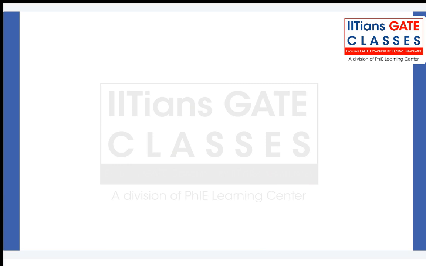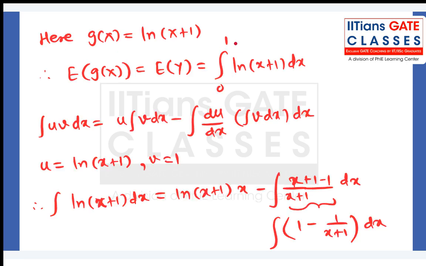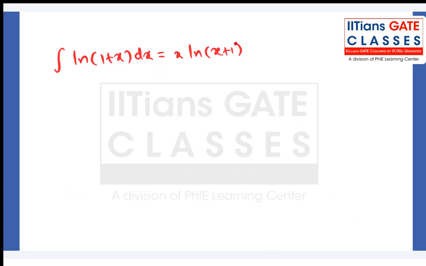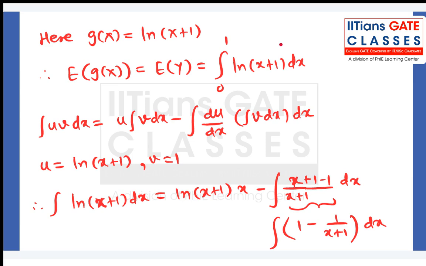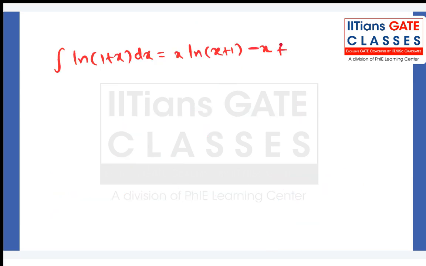So therefore, integration of ln 1 plus x dx is nothing but x ln 1 plus x, or x plus 1 first term, minus integration of dx will be x, so that will be minus x. Okay, and plus integration of 1 by x plus 1 will be ln x plus 1, plus some c.